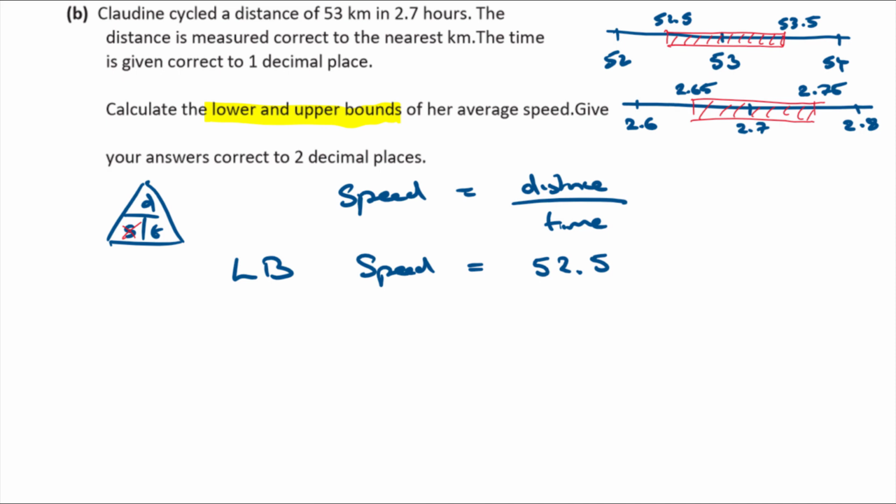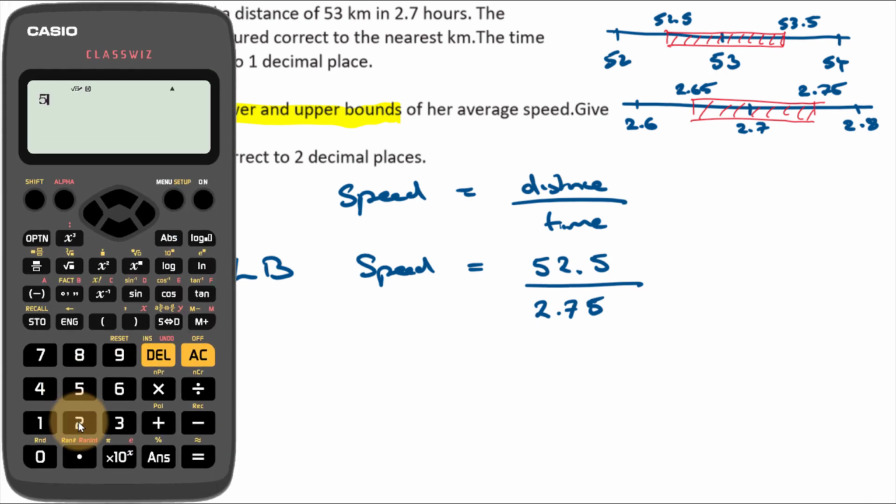It's going to make my numerator the smallest possible value so that I get the smallest possible answer. And then divide by the upper bound for the time, because the smallest possible speed will be given by the largest possible divisor. So dividing by 2.75 is going to give a smaller answer than dividing by 2.65.